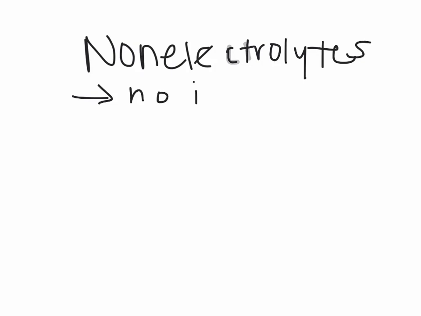Okay, so non-electrolytes. Non-electrolytes are substances that don't produce ions. And what substances don't produce ions? I want you guys to think about it for a second. It's got a hint. It goes with the word molecule. We actually only use molecule with covalent compounds.